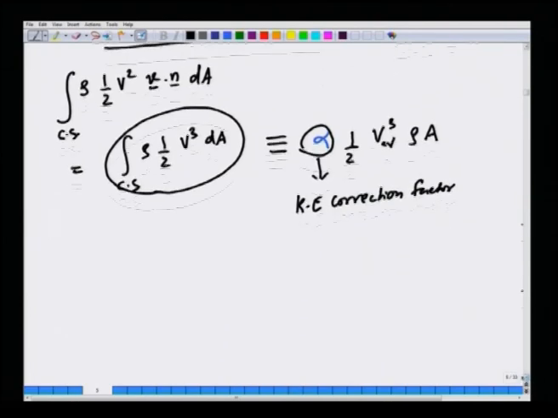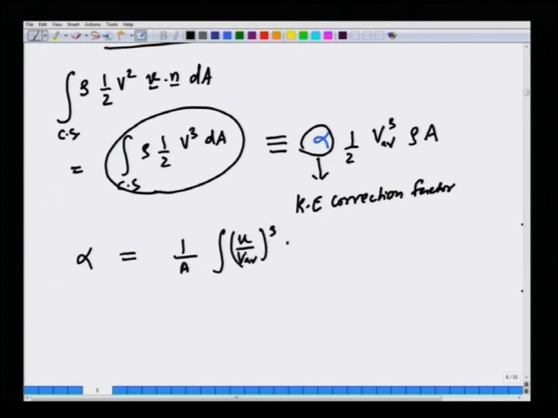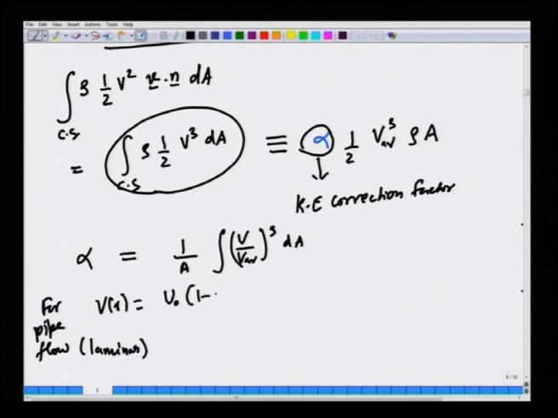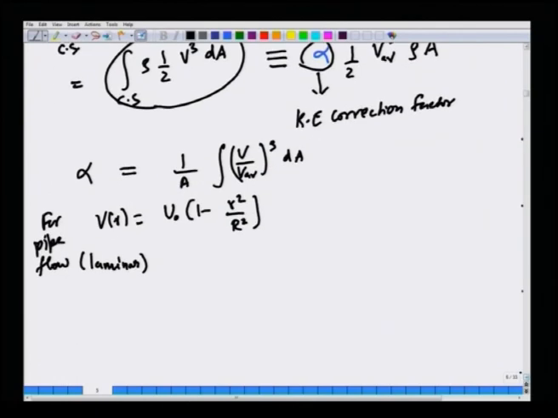In order to find what this kinetic energy correction factor is, alpha is equal to 1 over area times the integral of u by V average whole cubed dA. For laminar pipe flow, V of r is some maximum velocity times 1 minus r squared by R squared. So, we can calculate what V average is and then we can calculate alpha.